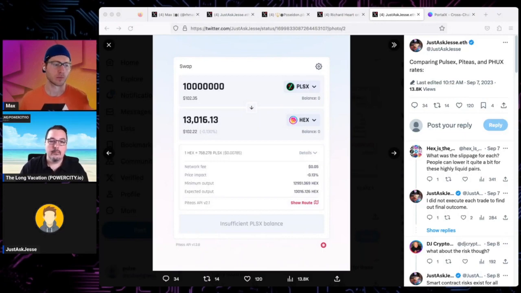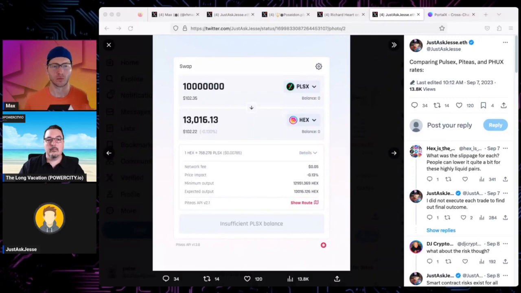But if you were to go to a pool that's pretty liquid, and PHUX does have some fairly liquid pools now, and then do a larger trade like $50,000, $100,000, $200,000 worth of tokens, you may see a drastic difference where you're going to eat a lot of slippage over on PulseX.